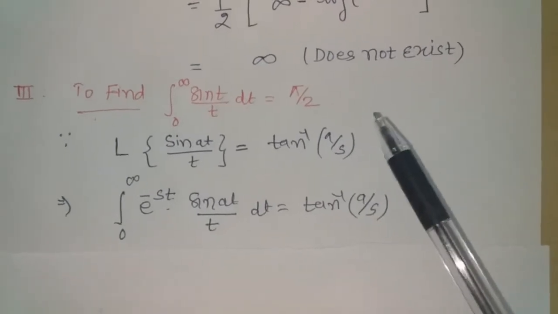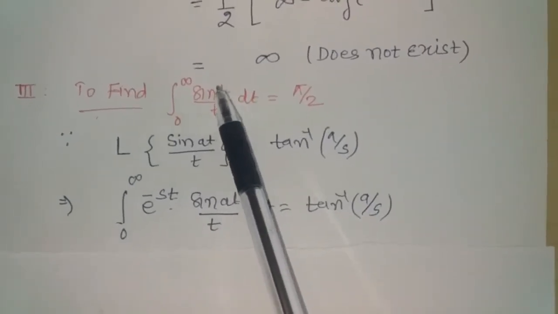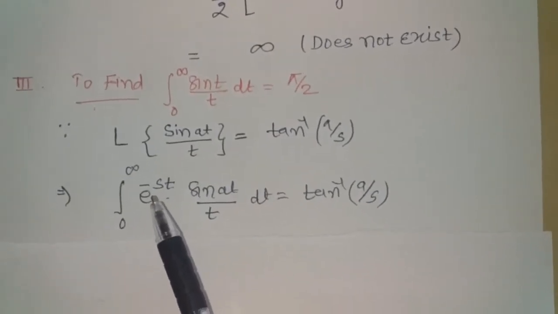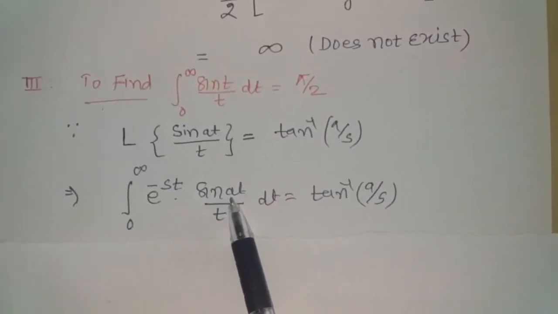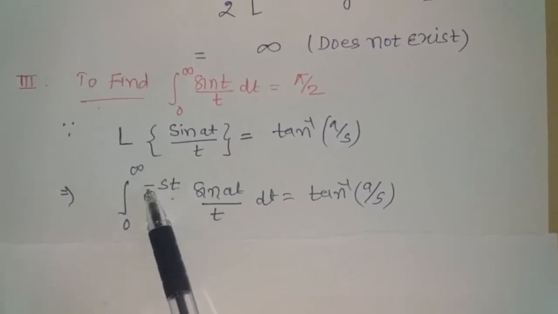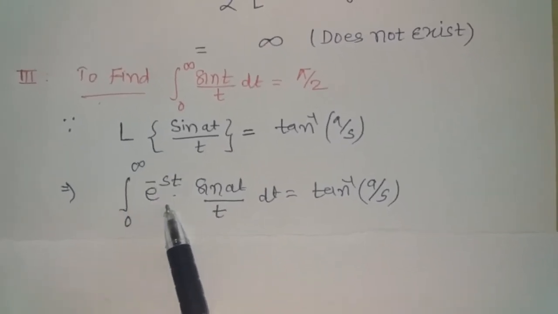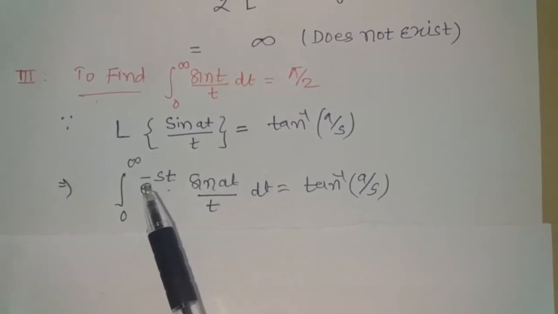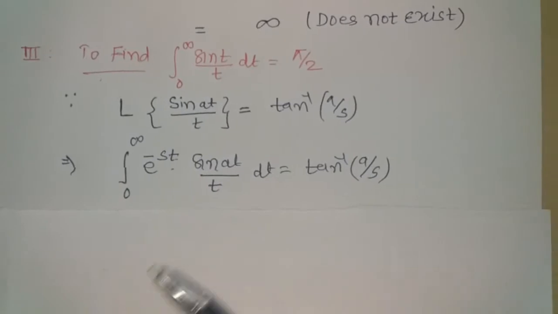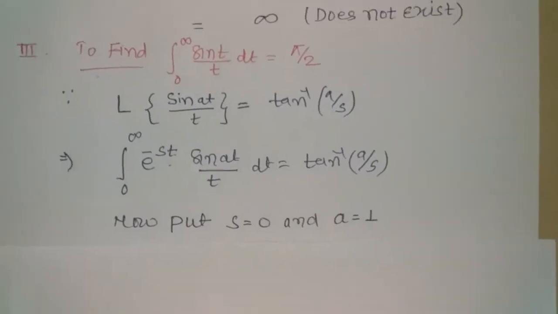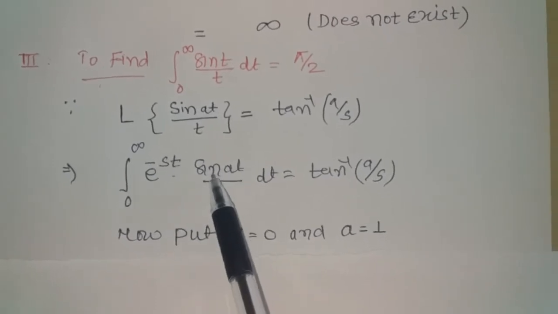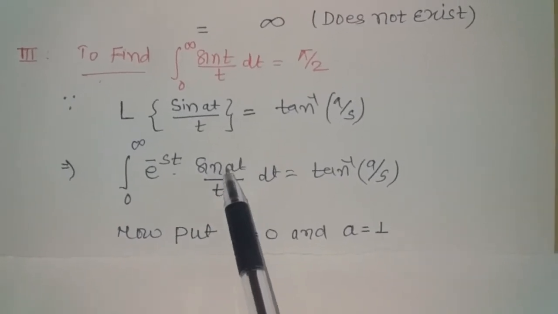Now since we have to find the integral of sin t by t, here we adjust the parameter a equal to 1, by which we get sin t by t, and the parameter s equal to 0, since something to the power 0 is 1. So by assuming s equal to 0 and a equal to 1, e raised to 0 is 1 and sin t by t, as a is 1.